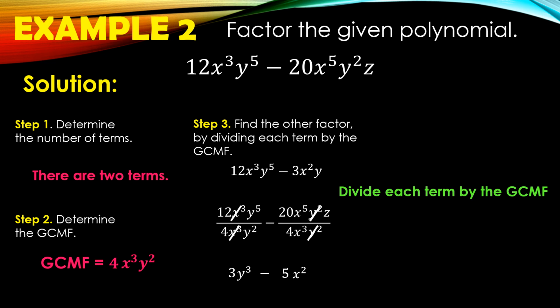That will give us x squared. You simply subtract the exponent if you divide variables. And then y squared is common, so you cancel out, or that is equal to 1. And then copy the variable z.